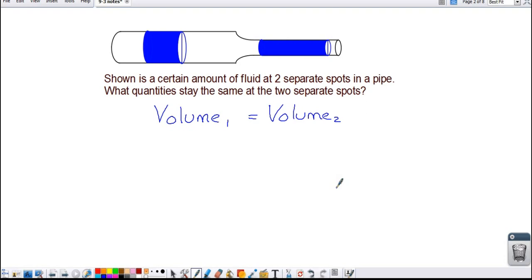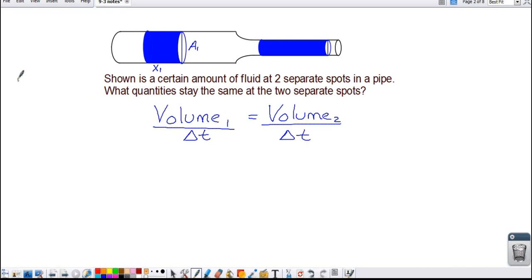Now, in any equation, if we do the same thing to both sides, we're allowed. It remains equal. So I'm going to divide both sides by the time. And then I'm going to look at what volume is. This shape up here is a cylinder, and that means I'm going to take the cross-sectional area and multiply that by the height, or the length in this case.